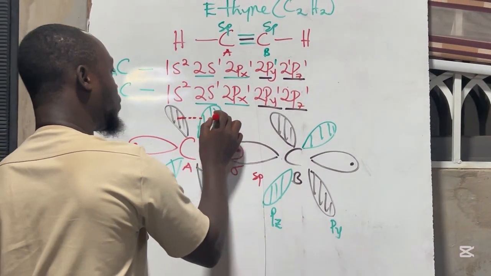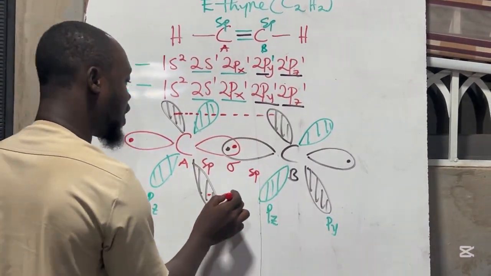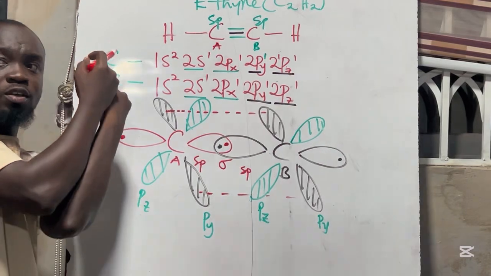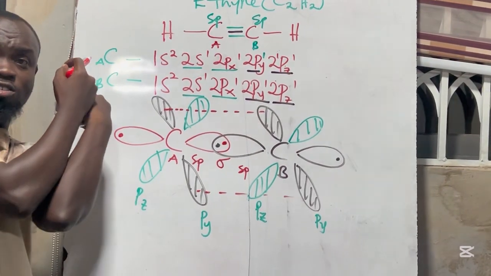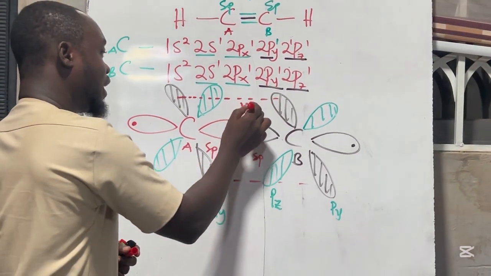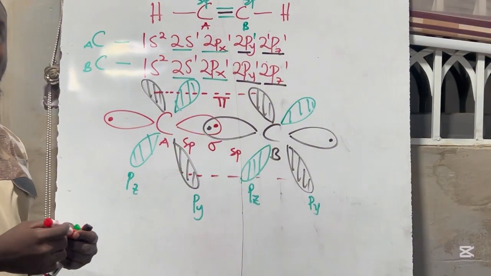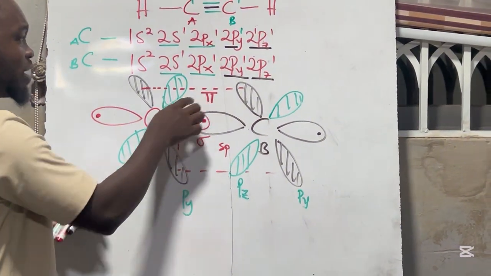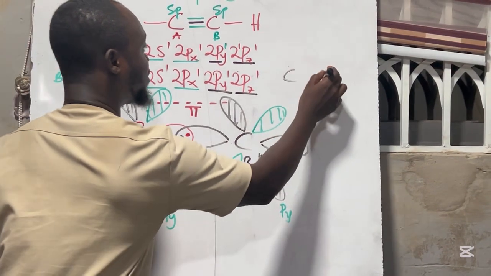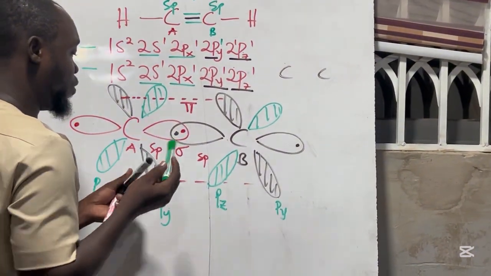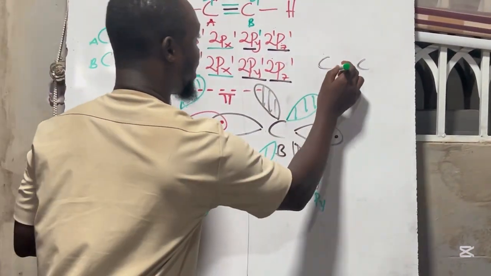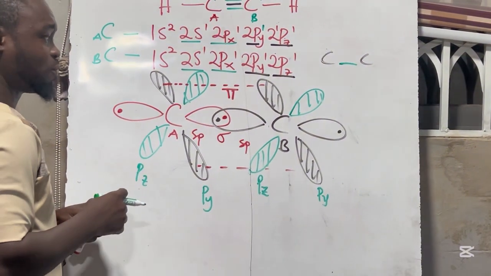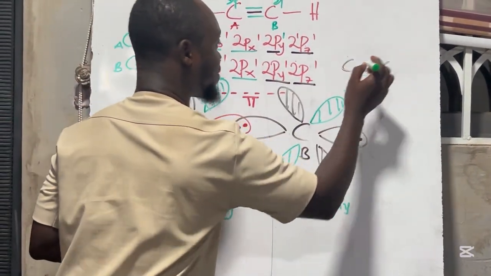So we use an arrow to indicate that there can be an overlap between these two pz orbitals, so that they form a bond, and that bond is a pi bond. So first of all, we have the sigma bond here, we have another pi bond here. So this is the two carbon atoms. We've had the first sigma bond, and that is one of the multiple bonds. Another pi bond, that is the second.